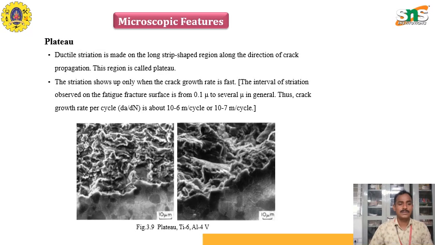Next one is the platelet. Ductile striation is made up of long strip-shaped regions along the direction of crack propagation. This region is called a platelet. This striation appears when the crack growth rate is fast. The interval of the striations observed on the fatigue fracture surface is from 0.1 micrometer to several micrometers in general.